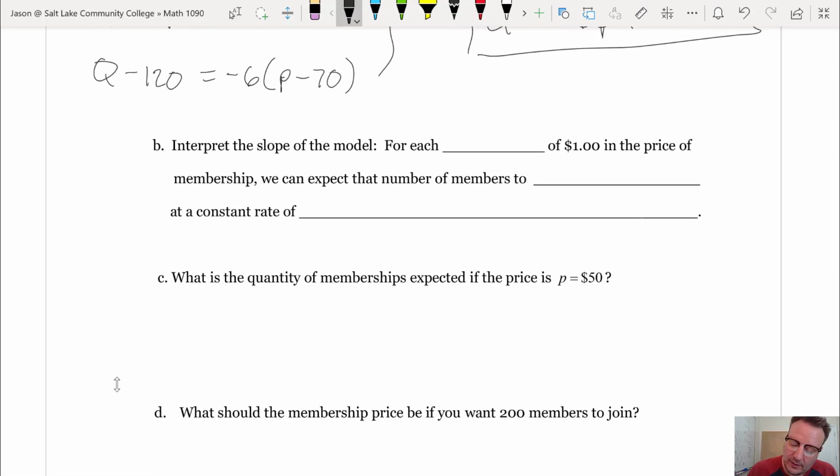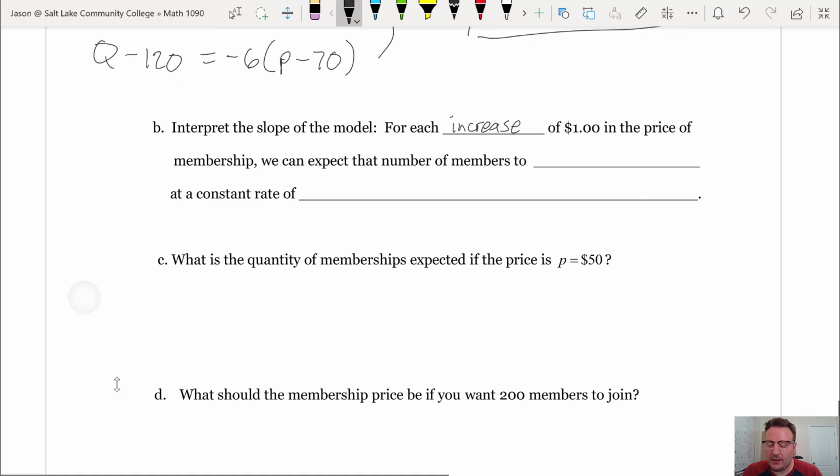So as price increases, for each increase of $1 in the price of membership, we can expect the number of members to decrease at a constant rate of 6 members per dollar. So every time we increase the cost of membership by $1, we're going to lose 6 members.